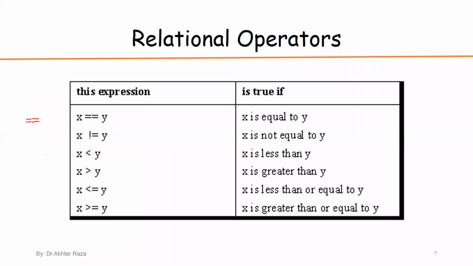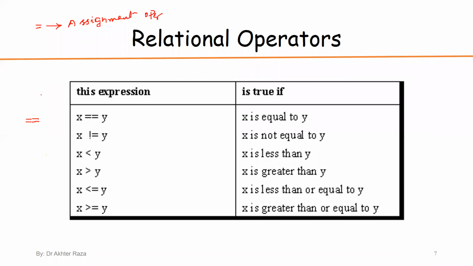This is called the equal to sign. Single equal to and double equal to are two different operators in C++. This is called the assignment operator. I used this assignment operator previously in the last program.